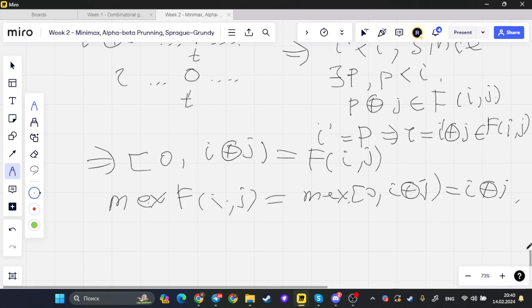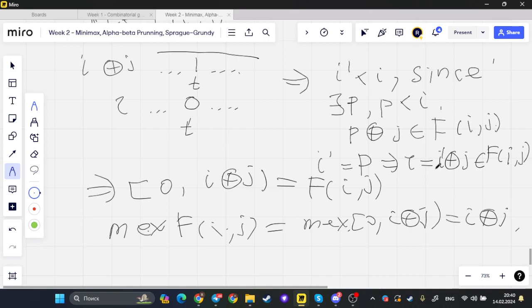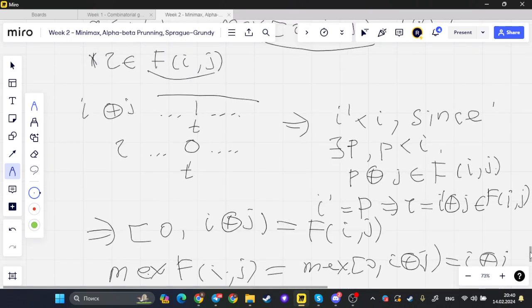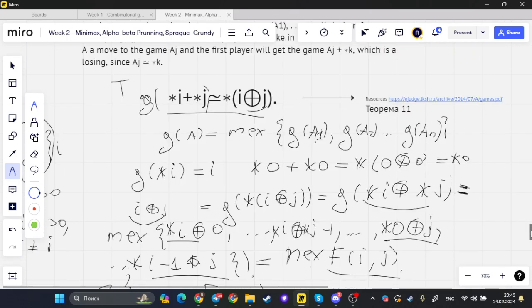This theorem is really important because we can divide our game into sets of piles.